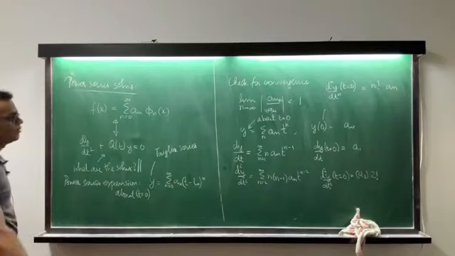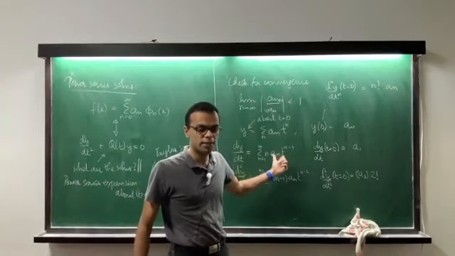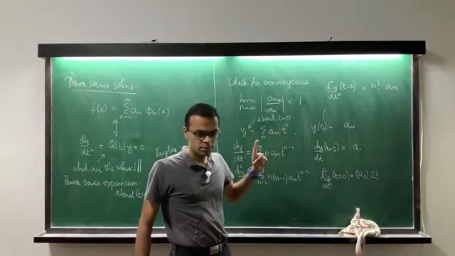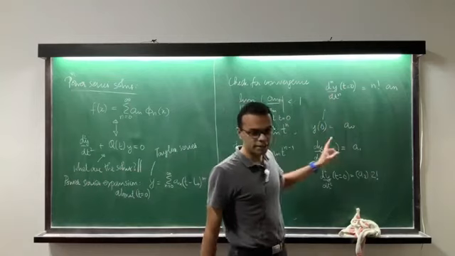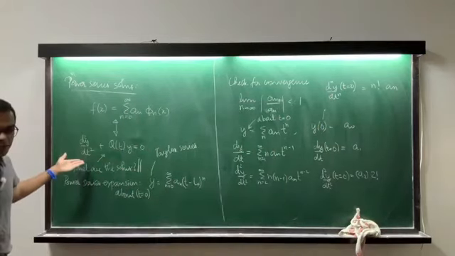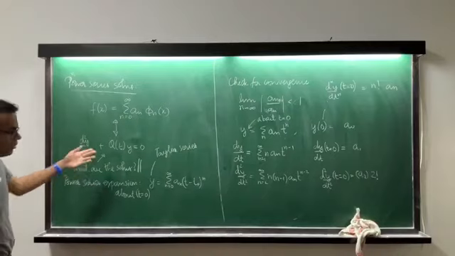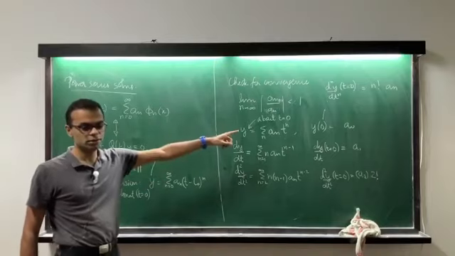It will just be 1 by n factorial times this. So this is actually a Taylor series expansion for y. What is the problem? To calculate all the coefficients, you need all the derivatives. We don't know the derivatives because we don't know the function. That's what we're trying to find out, right? So even though this is a Taylor series expansion, this is the inverse problem of the usual situation.